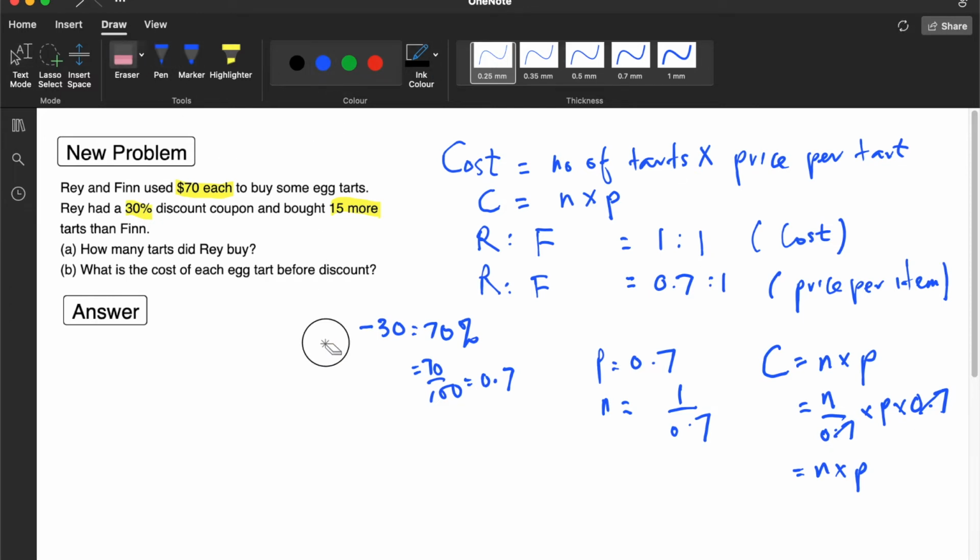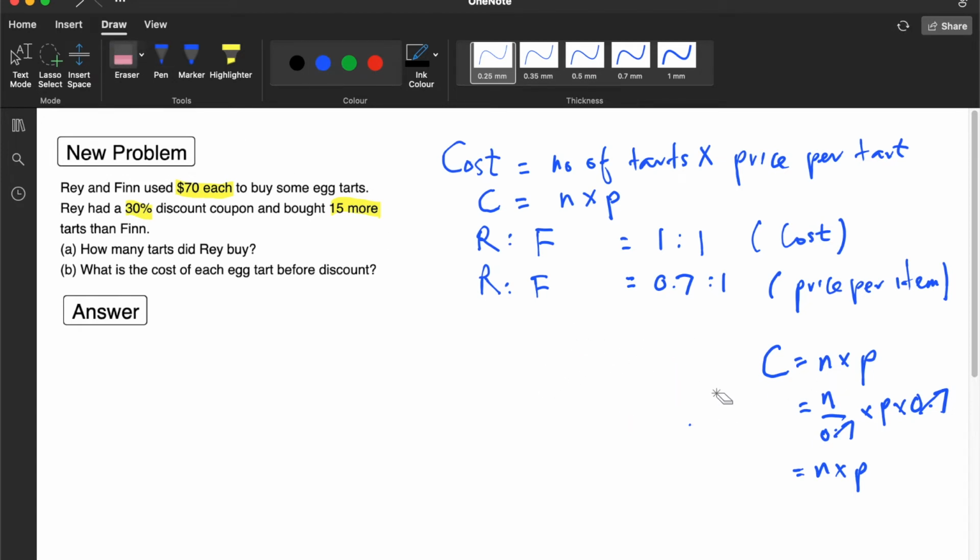Let me erase this. This is in the way. So if you were to take the ratio of Ray to Finn in terms of the number of items, it will be 1 divided by 0.7, as shown here, is to 1.